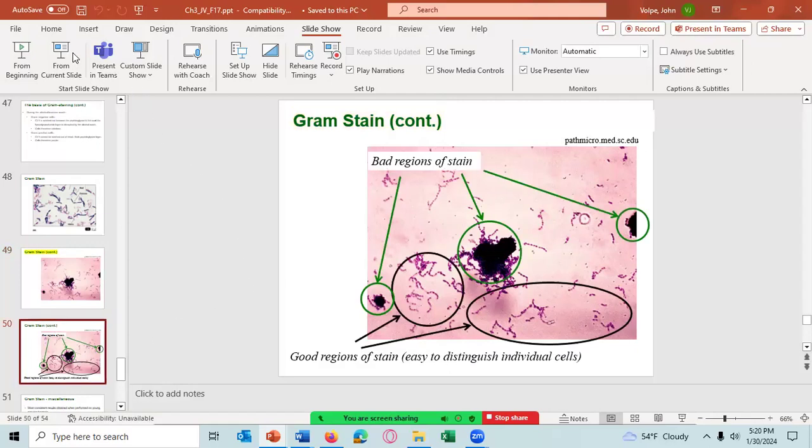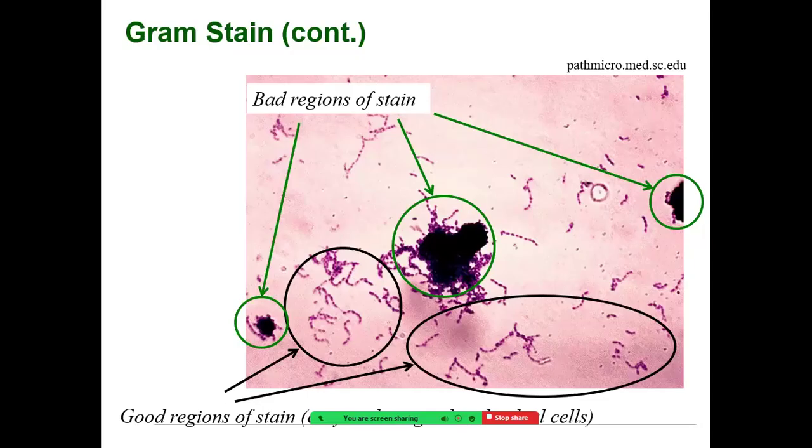There are bad regions in a slide. You ignore the bad regions when you are interpreting your gram stain result, and you look at the good regions. The good regions have individual cells, a layer thick or close to it.